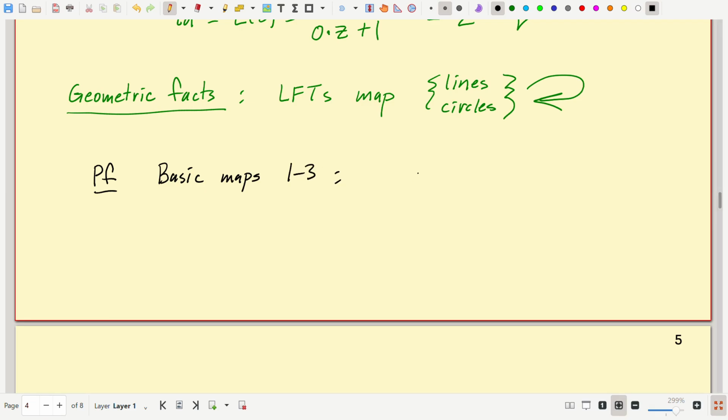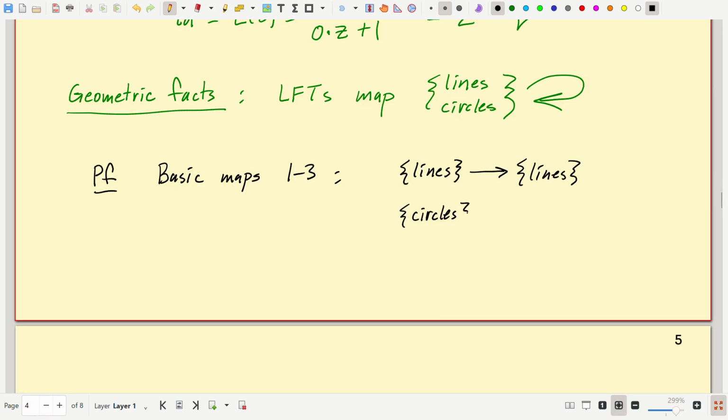Let's think about them. In fact, the basic maps 1, 2, 3 do something even better. They map lines to lines. If you stretch a line, you get a line. If you rotate a line, you get a line, etc. Translating a line, you get a line. Similarly, circles get mapped to circles.